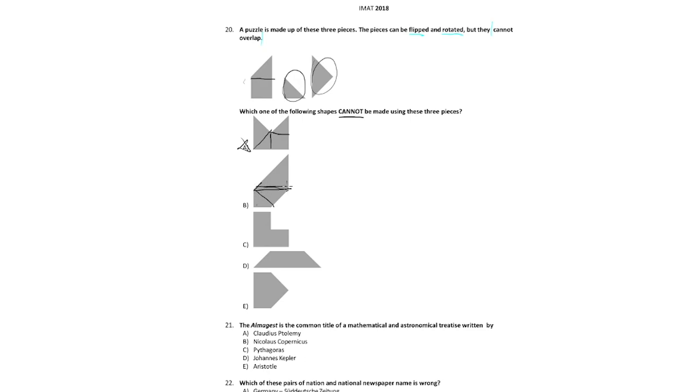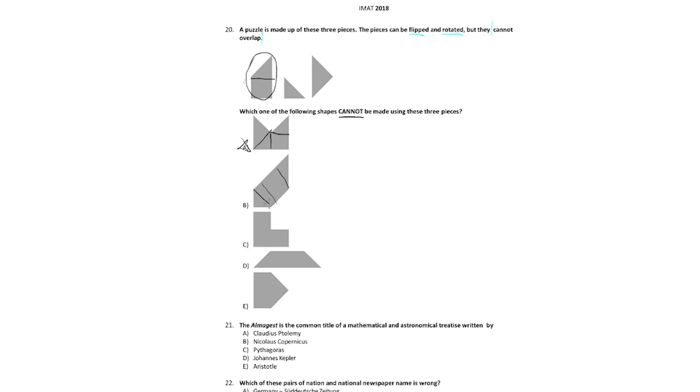But in this case, we cannot put the three pieces together. If we start with this one, so let's say that this thing over here, so this one plus this one represent this piece over here.